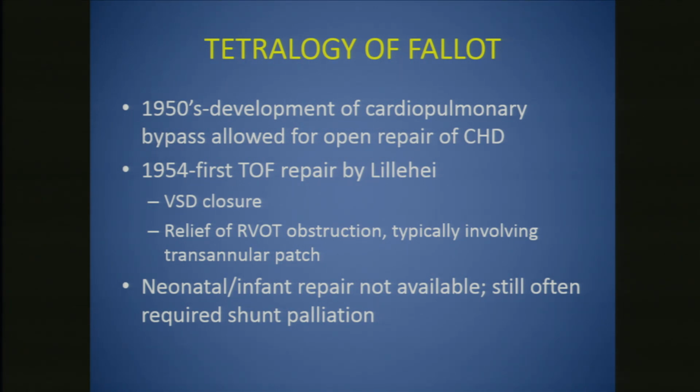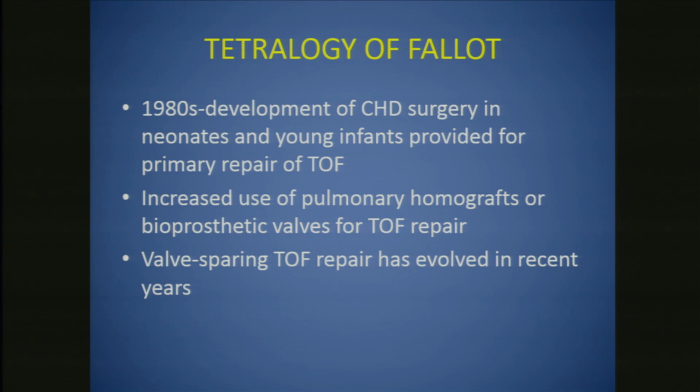During this early stage of congenital heart repair, neonatal and infant repair wasn't available, and so for several decades, patients who needed some type of palliation would have a shunt followed later on by surgical repair.